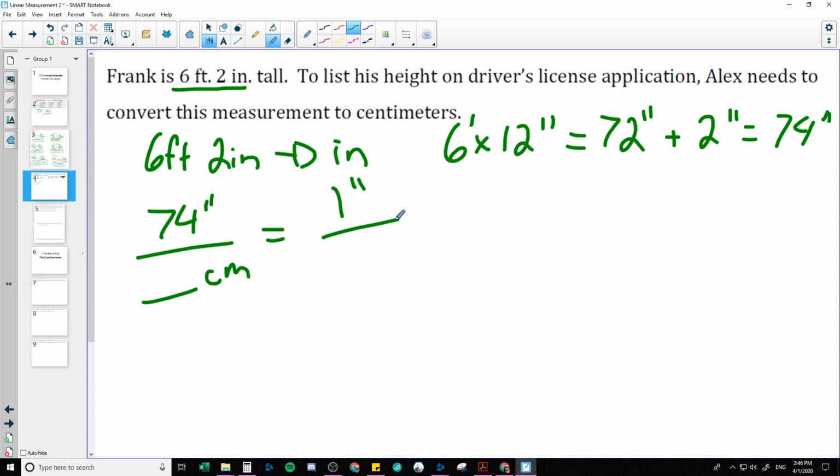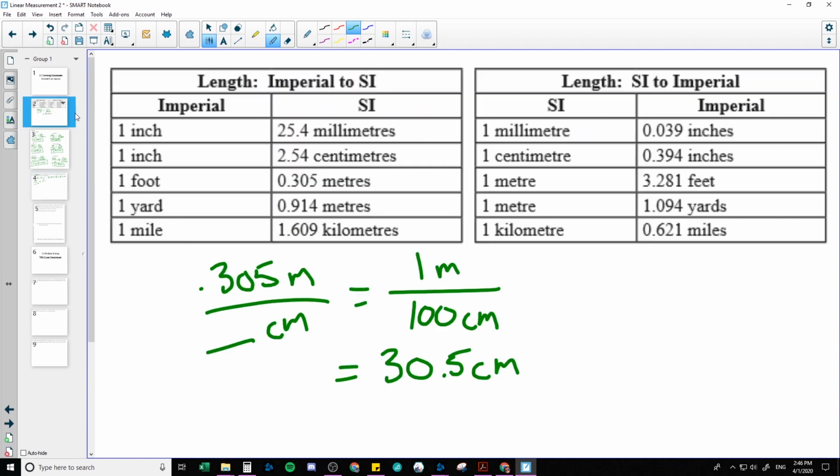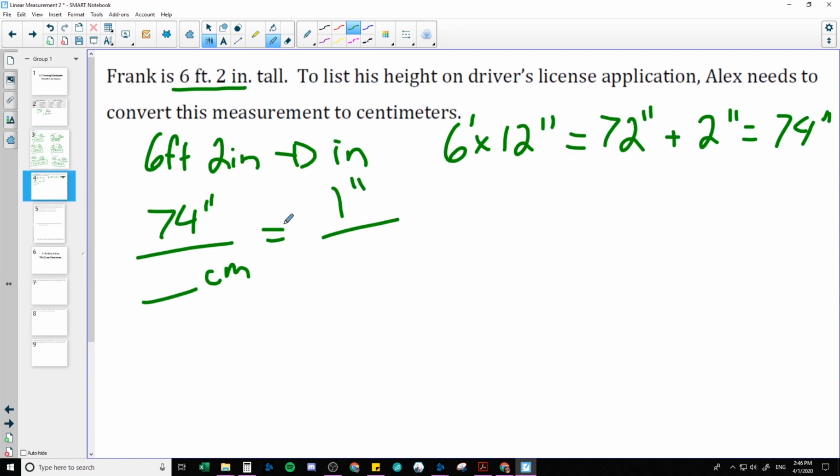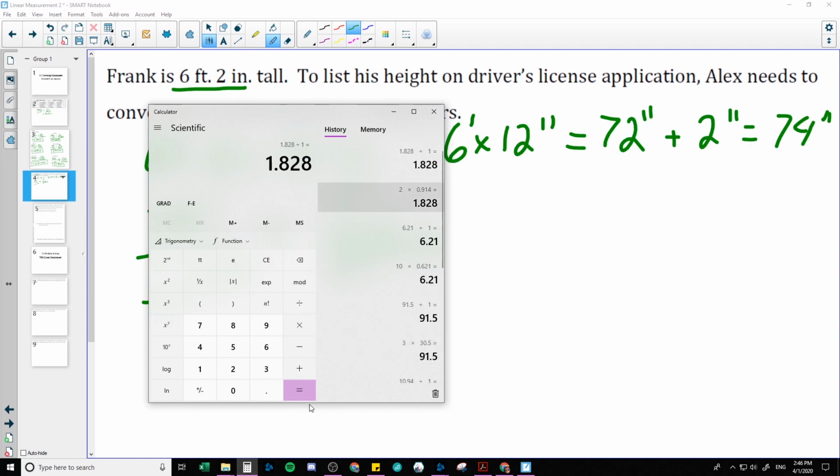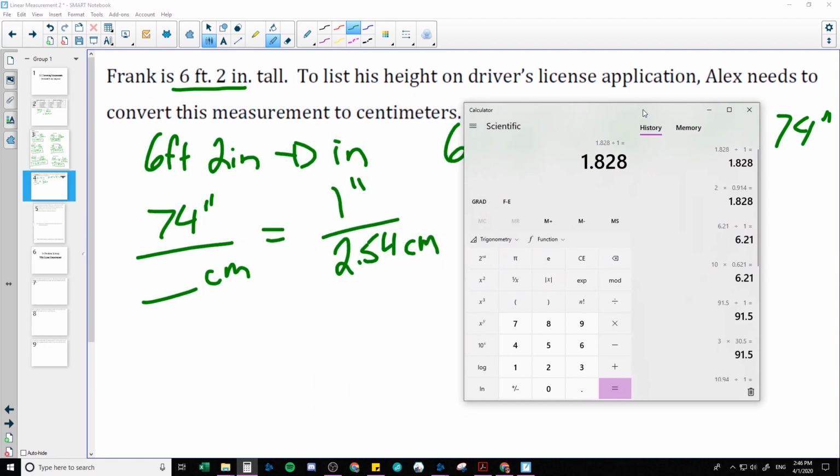So 1 inch. And now we need to know how many centimeters go into an inch. An inch is 2.54 centimeters. Okay, now we've set up our cross multiplication and we can just pop it right into our calculator. 74 times 2.54 divided by that 1, and it gives us 187.96.